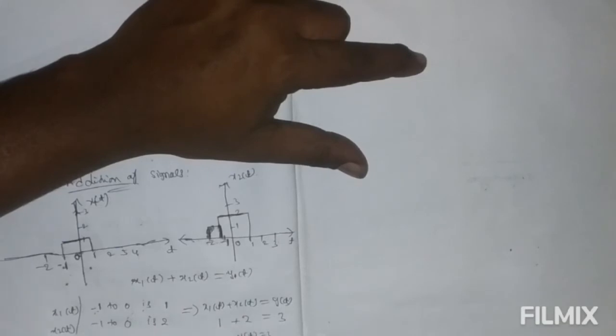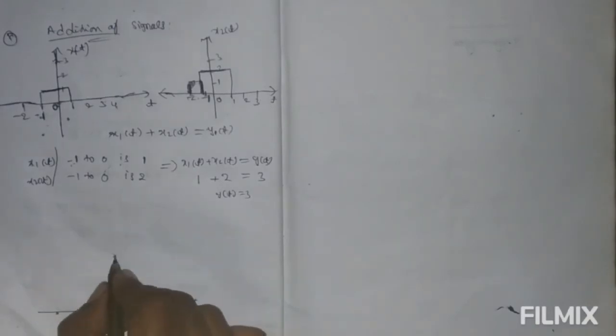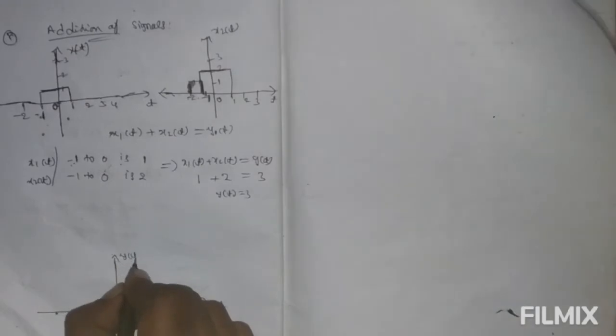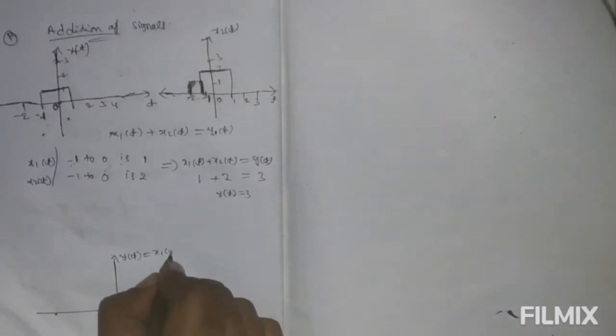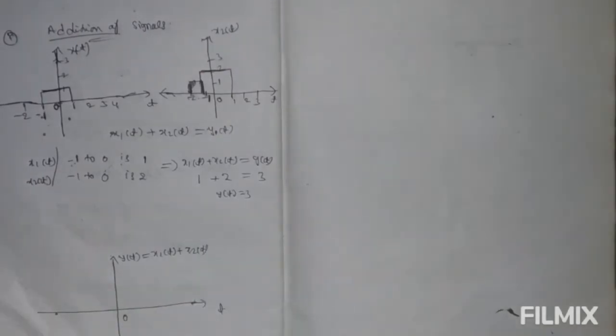This is the resultant graph, the y of t graph, where y of t equals x1 of t plus x2 of t.